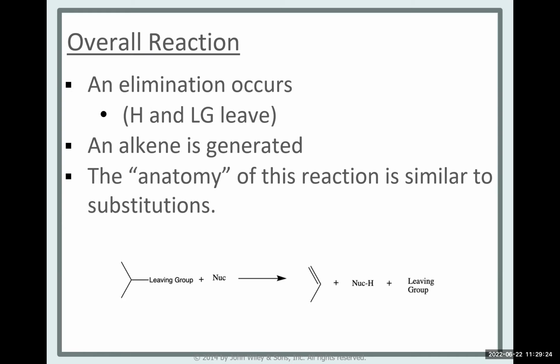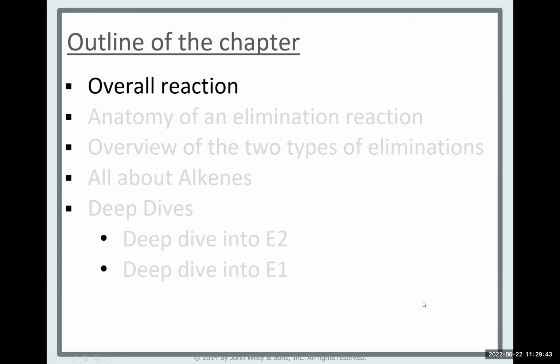Basicity is determined more on how well it abstracts a proton. But we will still call it the nucleophile for clarity's sake. It is a nucleophile slash a base. It acts as a base because it steals a proton. And then you get the conjugate acid of that nucleophile as a product, plus an alkene and the leaving group.